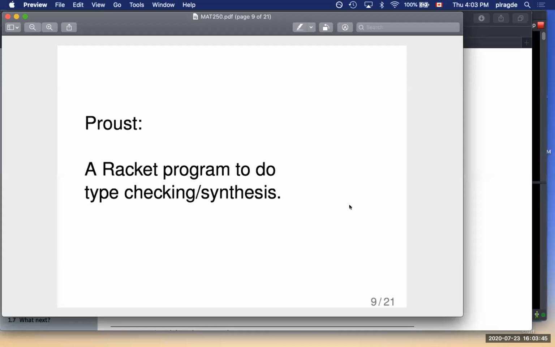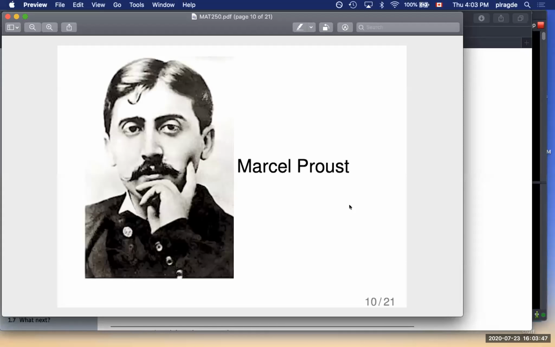Proust, the word comes from the name of the French author Marcel Proust. Marcel Proust was writing at the end of the 19th century, early 20th century, and he wrote a series of 7 novels, which in French, the title of the whole series is Recherche de temps perdu.